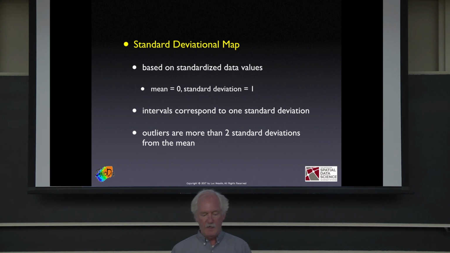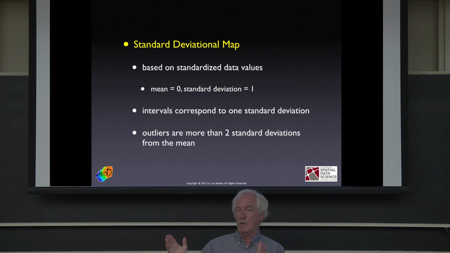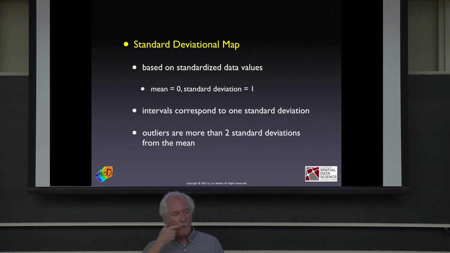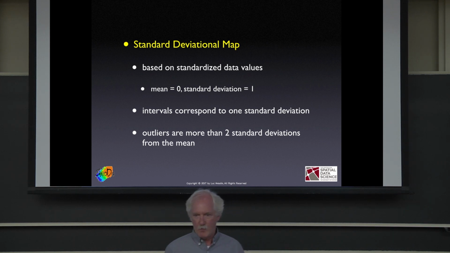And in the standard deviational map, you can have categories of outliers, you know, 2 standard deviations, 4 standard deviations, and more. You may have heard of these sigma rules, you know, 6 sigma, and there's a couple of other variations that has to do with minimizing, in quality control, the observations that are more than so many standard deviations from what they should be.